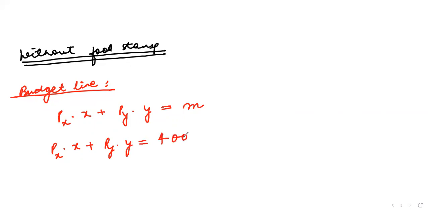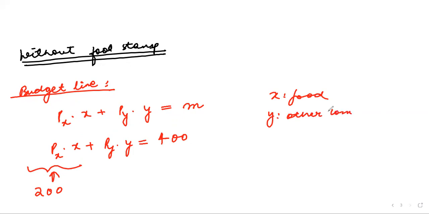Px into X is 200. This is what is given to me, that the expenditure on X, which is food, is 200, and Y is other commodities. So the expenditure on food is 200 and the expenditure on other commodities is also 200, which is fine, it doesn't really matter to me.